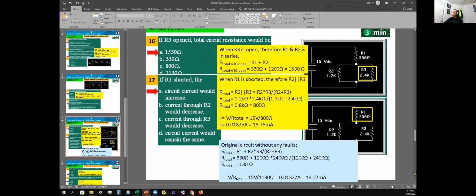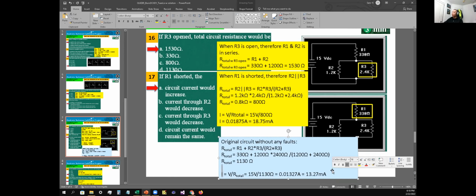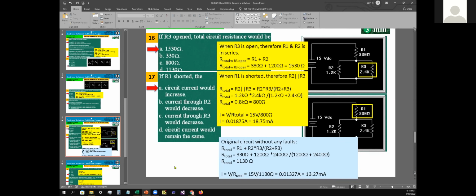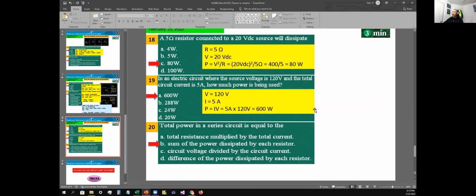Originally, with all the parts in place, you have about 13.27 milliamps. But when R1 is shorted, you get an increase of current to 18.75 milliamps. So the answer is A as in apple for 17. Any questions, 16 or 17? Okay, no question.